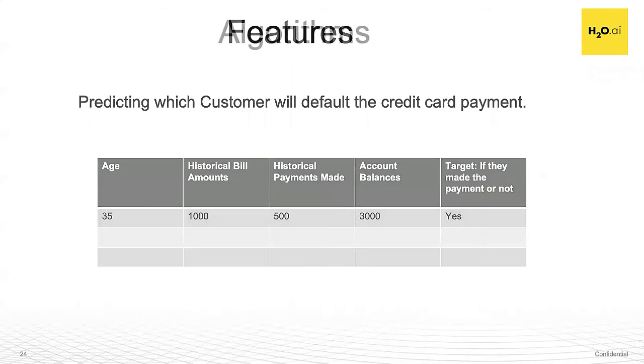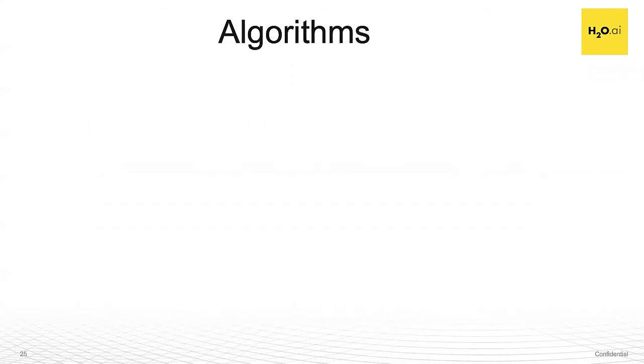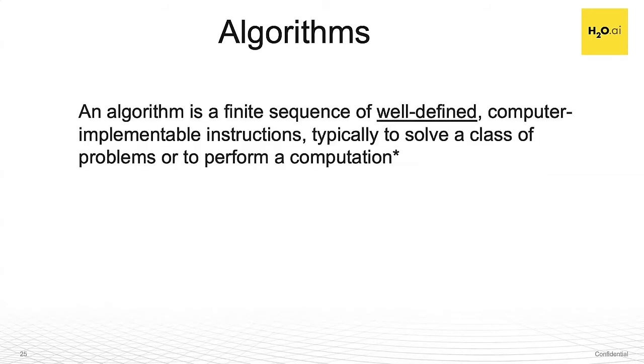And the last important aspect of machine learning is algorithms. Now, what is an algorithm? If you go by the definition from Wikipedia, an algorithm is a finite sequence of well-defined, computer-implementable instructions, typically to solve a class of problems or to perform a computation.